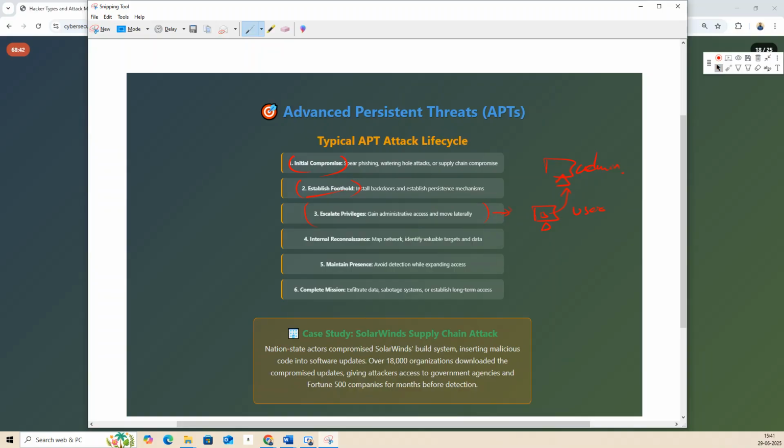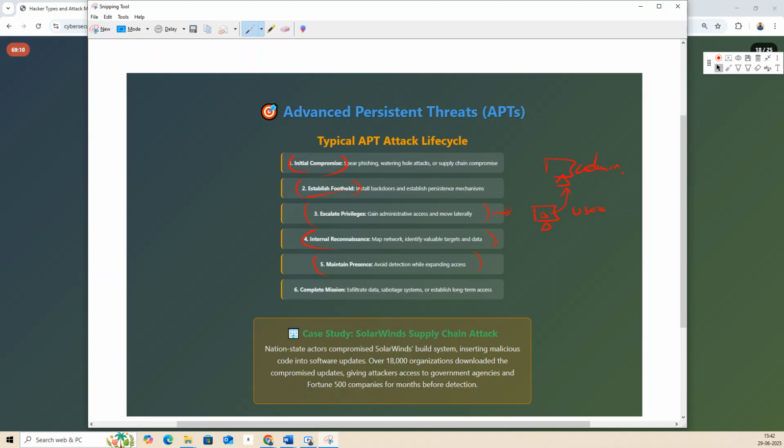This is where APTs differ from common cyber criminals. They spend significant time mapping the network, identifying valuable targets, and understanding the organization's operations. They are learning how to cause maximum damage. Maintain presence. APTs work hard to avoid detection.